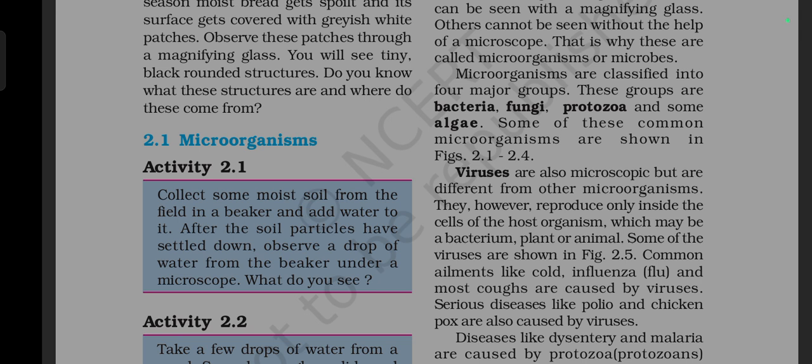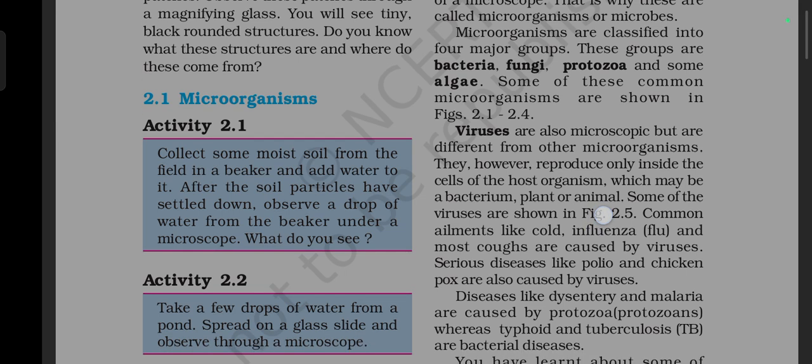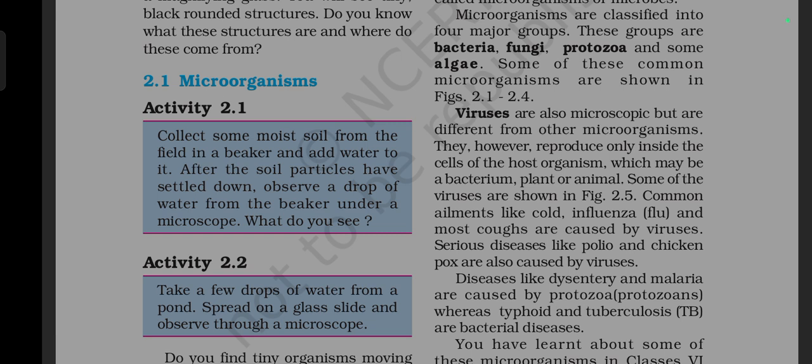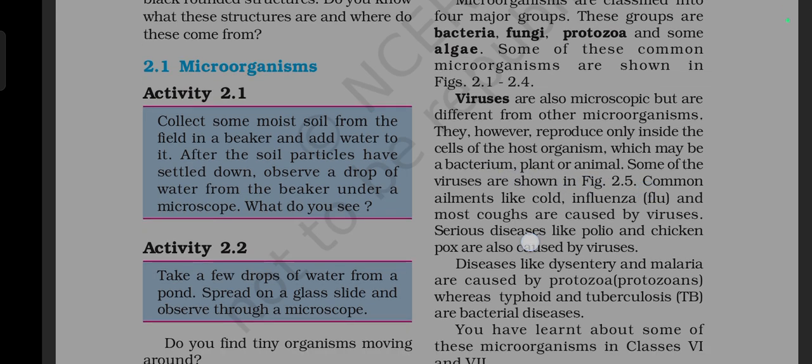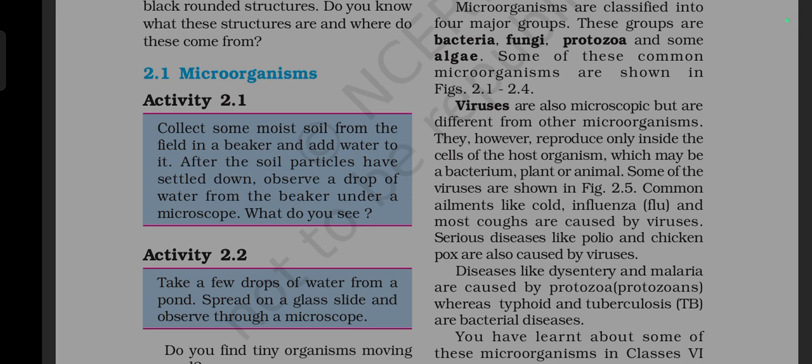Viruses are also microscopic, but these are not considered as microorganisms because they are dead in the environment. They are alive only after entering inside the bodies of a plant, animal, or other bacteria, but before that, whenever they are in the environment, they are dead.